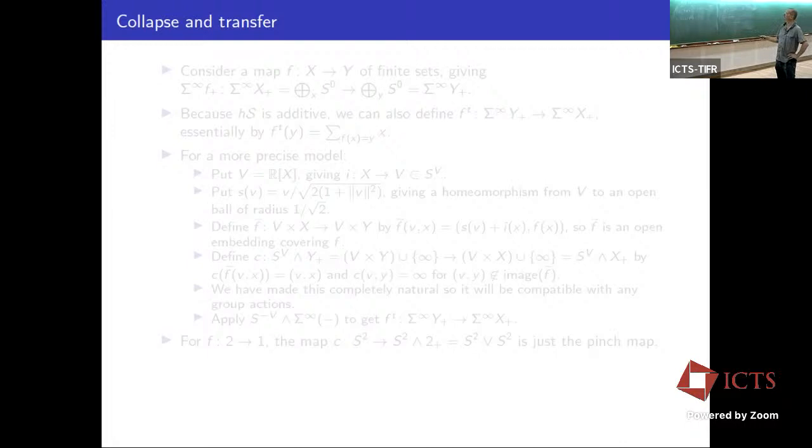And then I apply sigma infinity to that. So I get sigma infinity f plus from the suspension spectrum here to here. And notice, it's easy to see that this is just the wedge of some copies of S^0 indexed by X. So if I've got X is say a, b, c, then X plus.